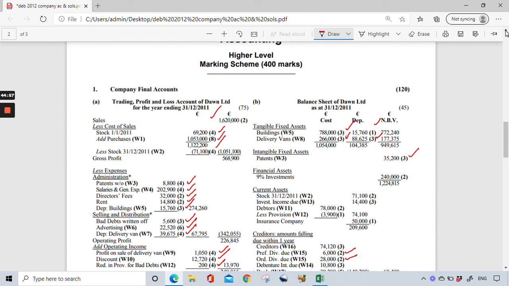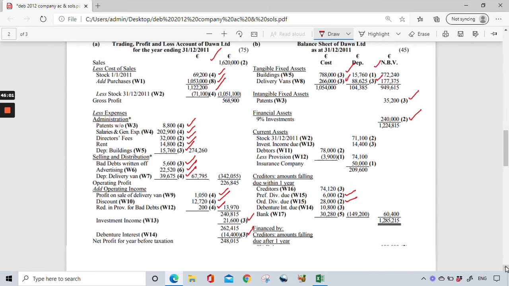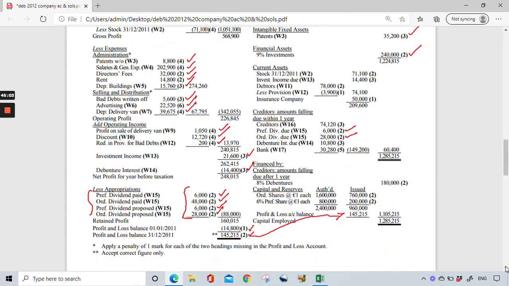This figure comes from the trial balance. Our current assets and current liabilities, we worked out the stock figure, we worked out investment income due, we worked out debtors, we worked out provision for bad debt, and we were given the insurance company figure. We worked out creditors, dividends due, we worked out debenture interest due, and we worked out the bank overdraft figure.